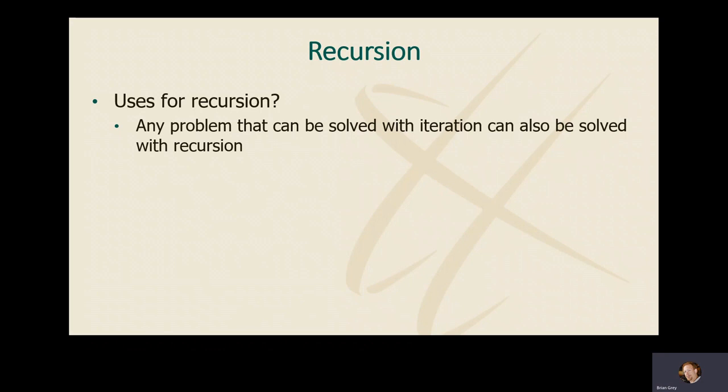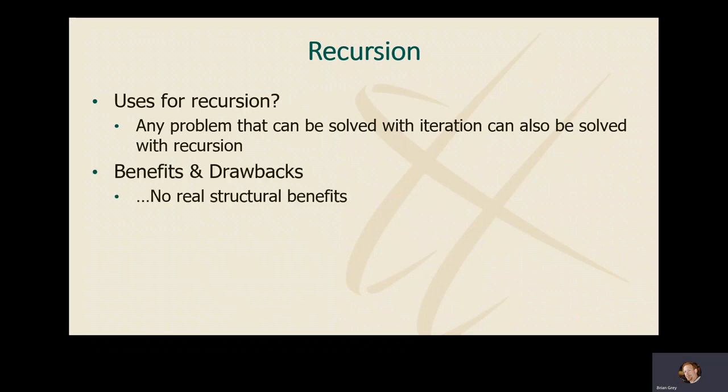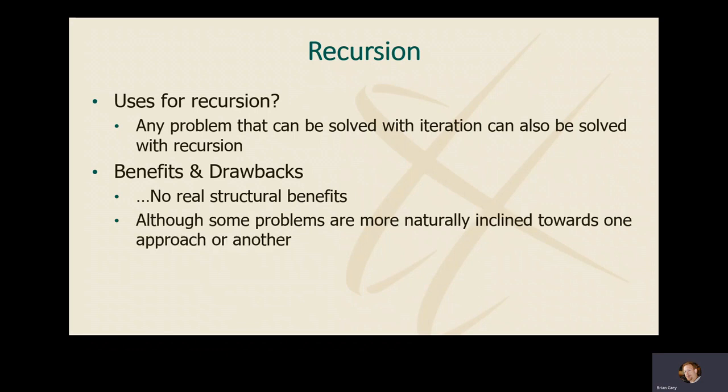So, any problem that can be solved with iteration can be solved with recursion, as we talked about. No structural benefits to one or the other. Some problems are more naturally inclined towards recursion, right? And those are going to be things like divide and conquer, where you're dividing your set in half.